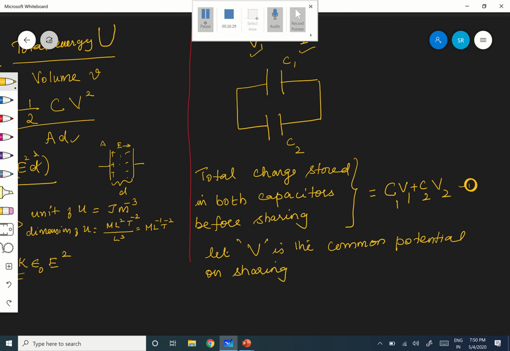Now what is the total charge stored after sharing?